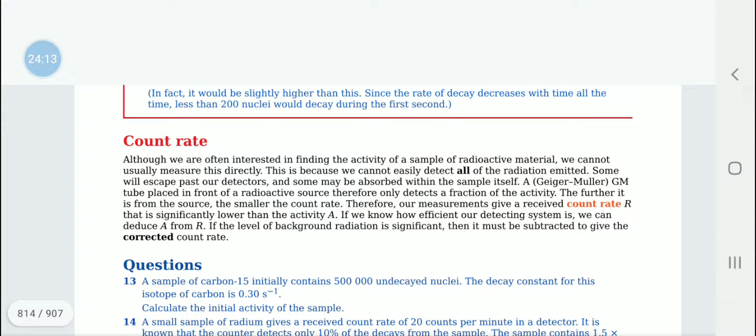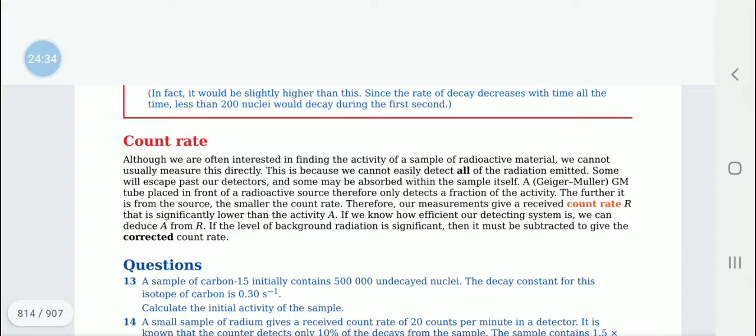So like that, there is a loss of activity that can be detected. A fraction of the activity would be lost. The remaining fraction is only what we detect. So the further away we place the counter or the detector, the lesser the rate would be.